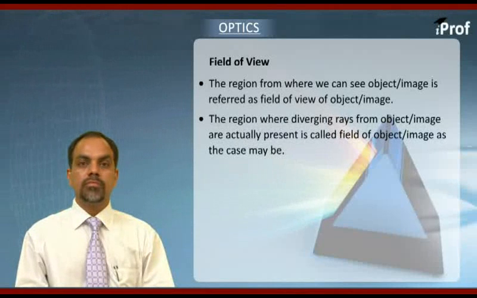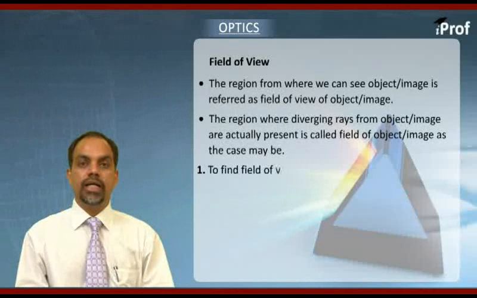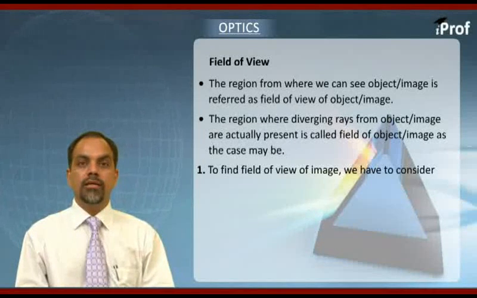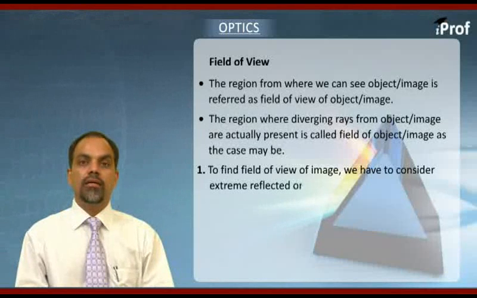Now let's understand the few points which we have to keep in mind. The very first point: to find out the field of view of image, we have to consider the limiting or extreme reflected or refracted rays, because we know that image is formed after reflection or refraction.